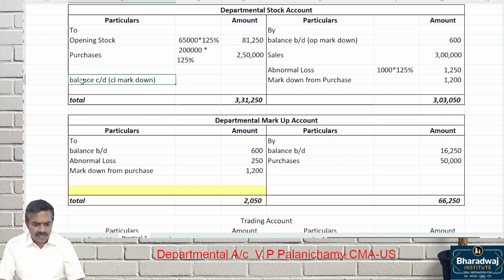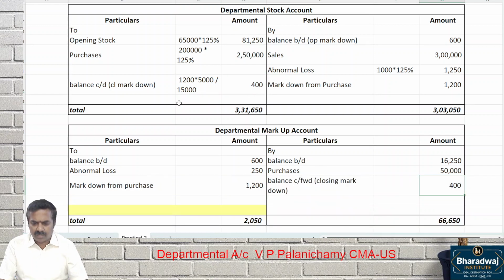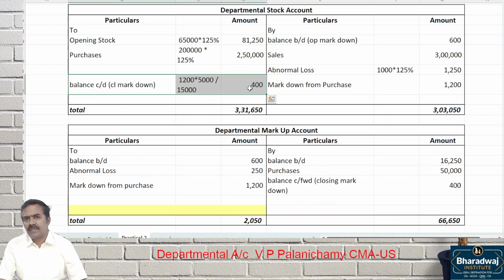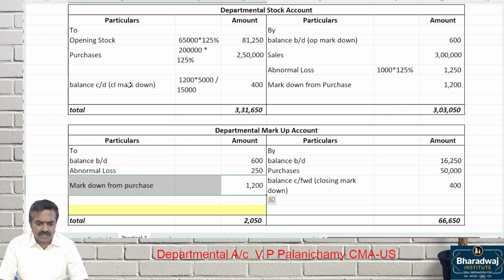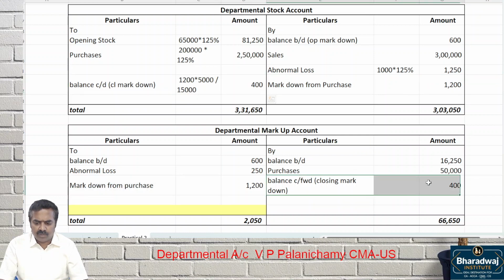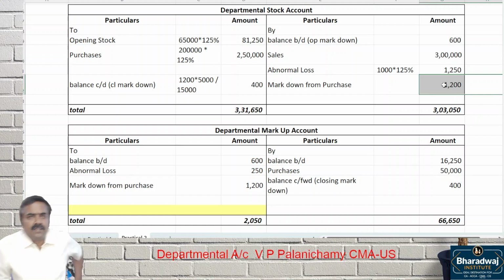That you can take as to balance carry down, markdown on the closing stock. Or directly you can record 800 here, instead of 1,200 and debiting 400. You can record directly markdown from purchase 800. Like that also you can do.